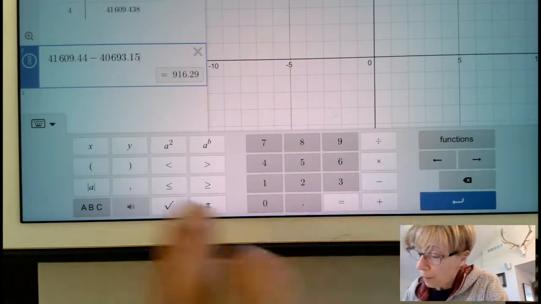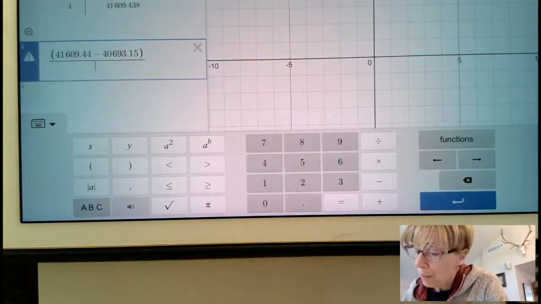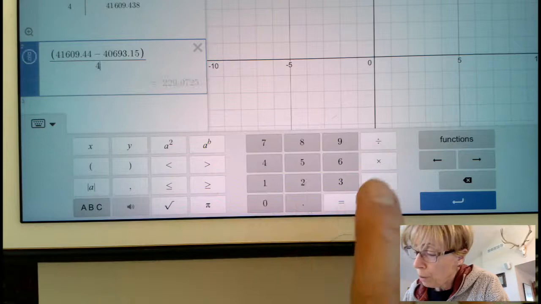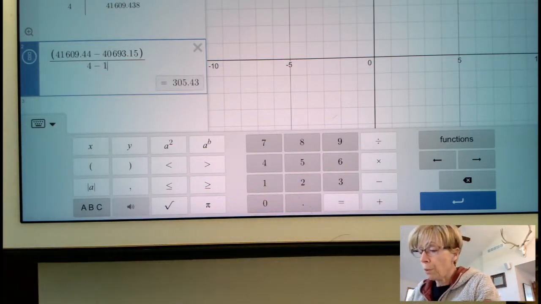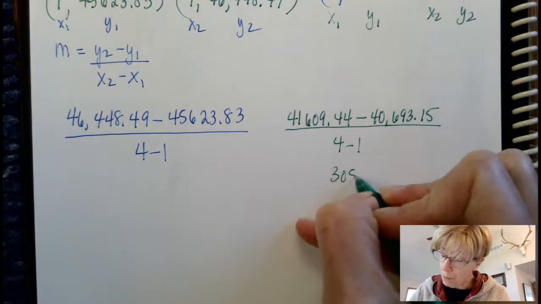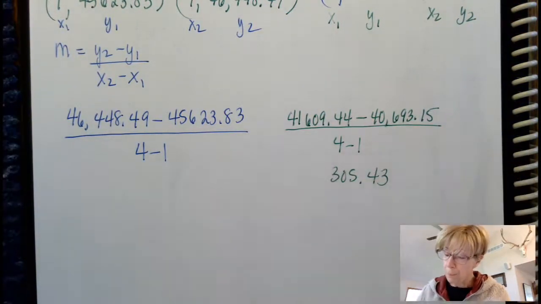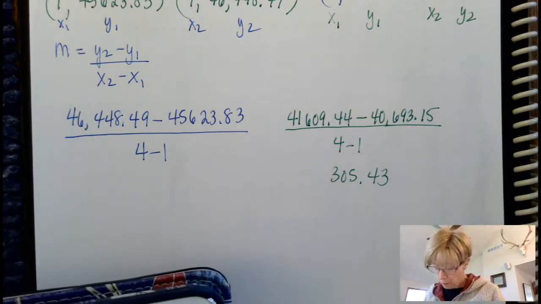46,448.49 minus 45,623.83 divided by 4 minus 1. Oh dear. So I typed that in.